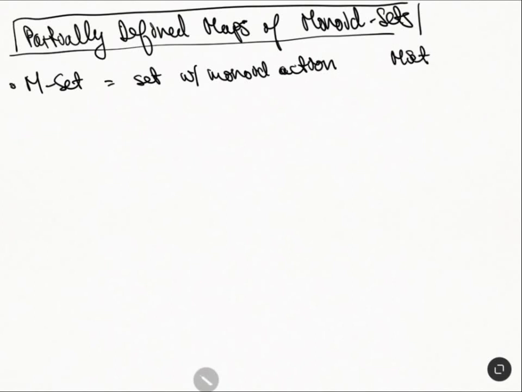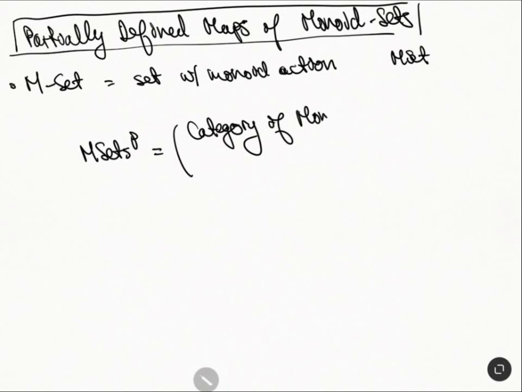Now the next category we need to define is M-set P. So this is the category of monoid sets with partially defined maps.